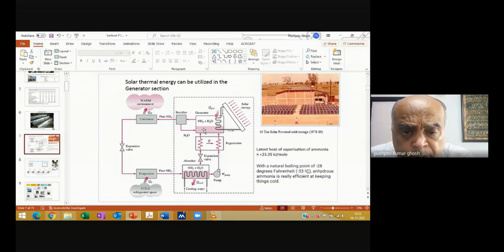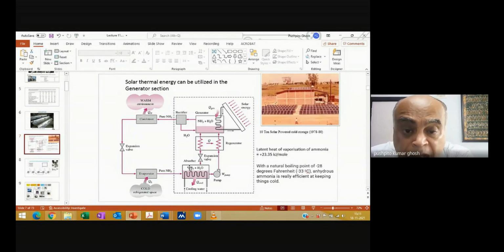There will also be a small amount of ammonia because there will always be some dissolved ammonia in the water. It will not be absolutely pure water. So whatever is that residual amount of ammonia and water goes through an expansion valve, and because of that there is another cooling that takes place here.